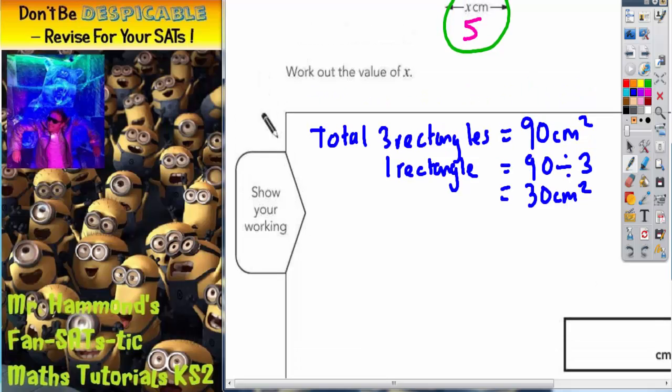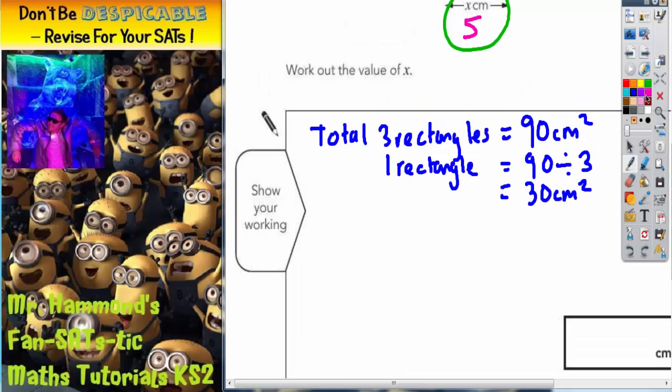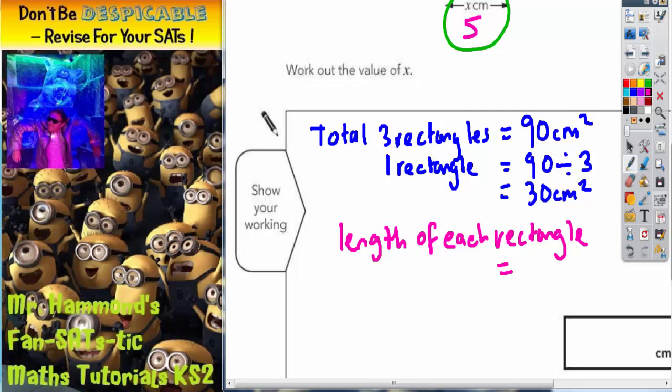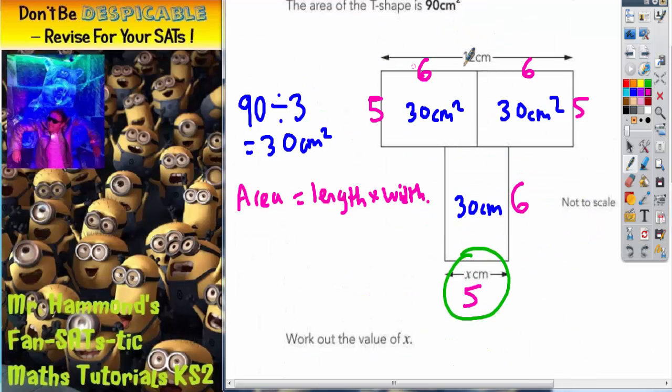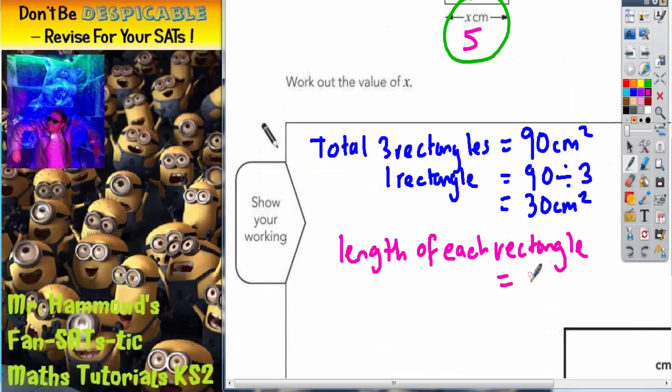We then said that the length of each rectangle was 6, because we got this from this 12 here divided by 2. So the length of each rectangle equals 6, and the area is length times width.